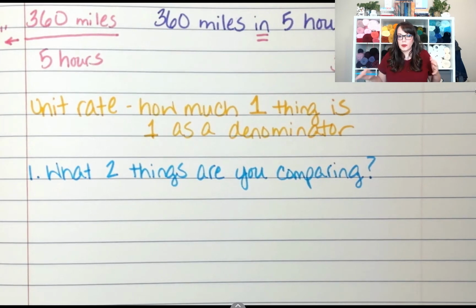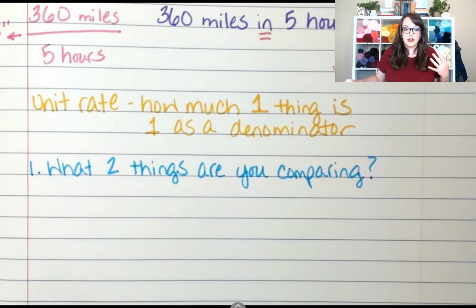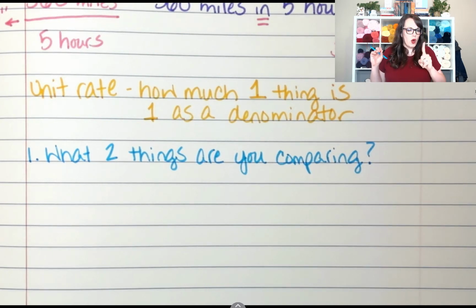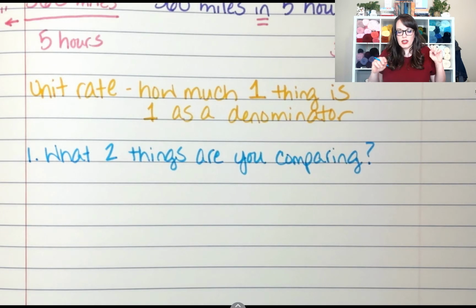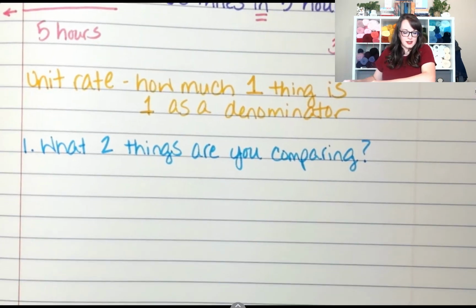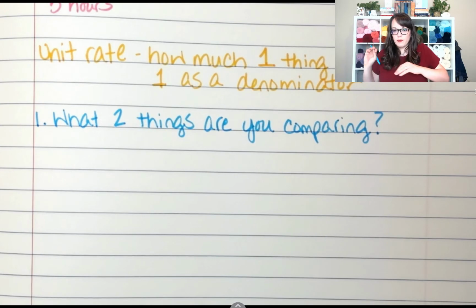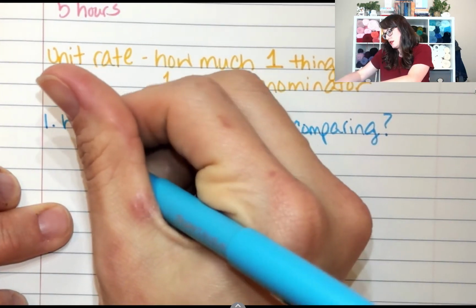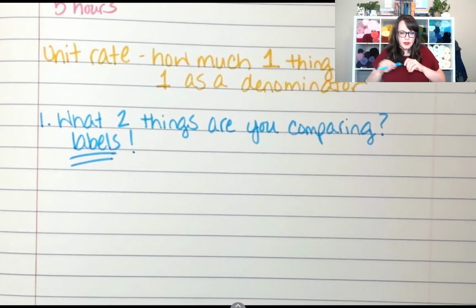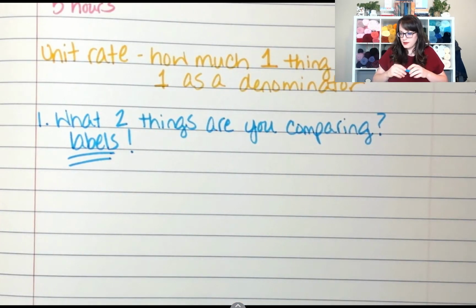And here's where we want to really pay attention to our labels, because I want the thing that I want to find out one of to be my denominator. So when it says per something, that something is the denominator. All right. And we want to make sure we label. Labels are important because we don't want to forget what we're dealing with.